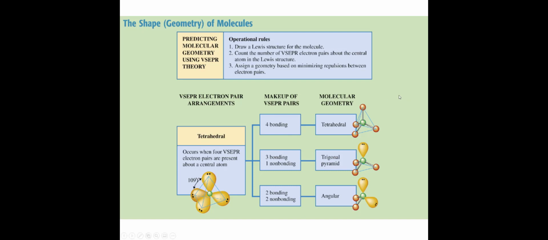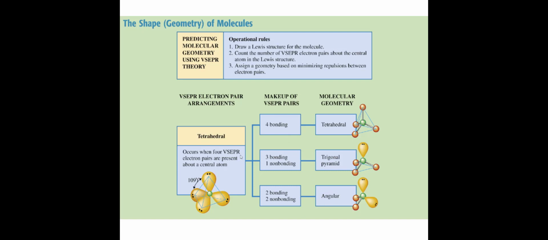Now this actually comes from a different textbook, and it's essentially the same as what we have in our book with one major exception, and that is they prefer the term bent in your textbook to angular, although those terms are synonymous with each other. You can change one for the other.